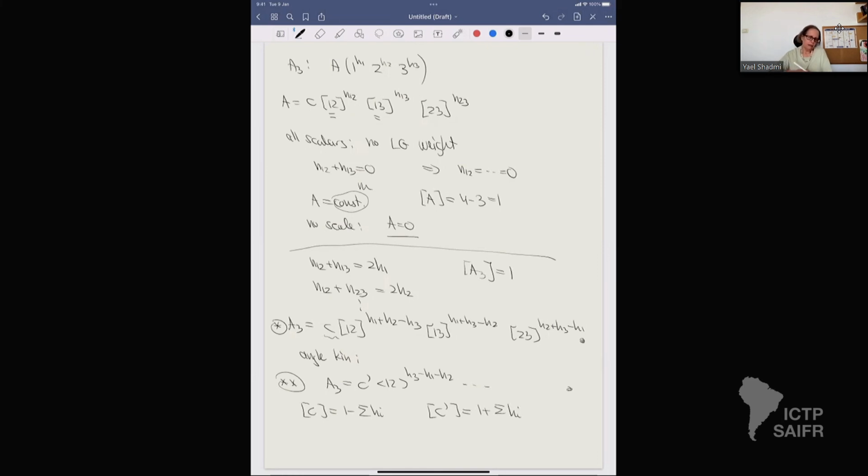Because now we can check whether these guys have 0 or positive or negative mass dimensions. So what we want is that C or C prime have to have 0 or negative mass dimension.